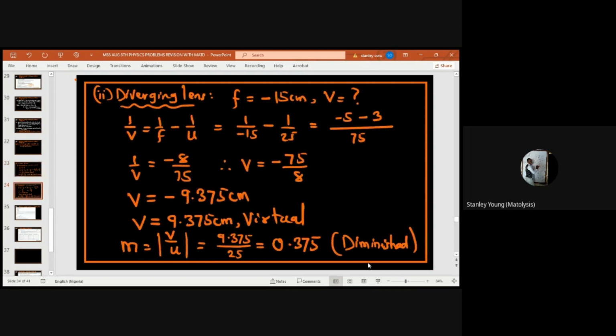For the case that we have to be virtual, if you go through the properties of the images that were done earlier, you'll realize that for the cases where we have virtual images, they were erect, diminished, erect.